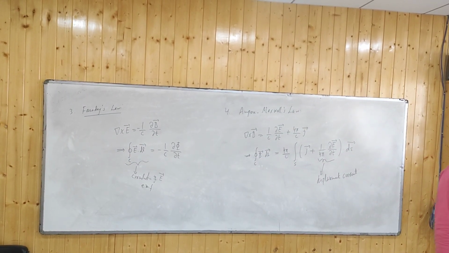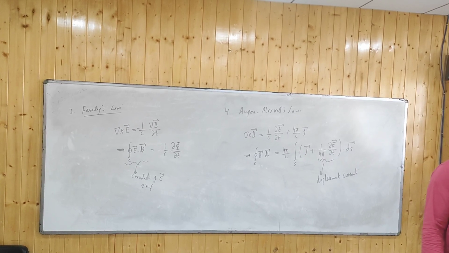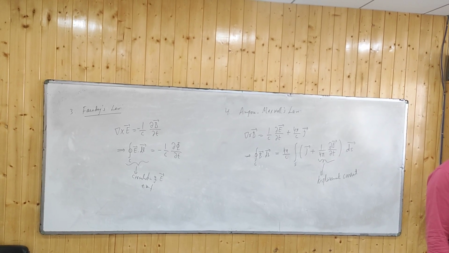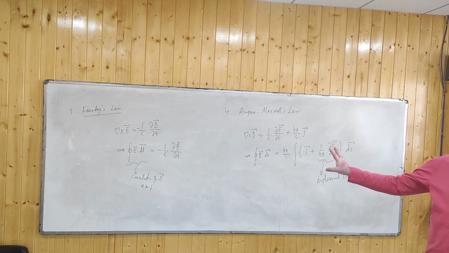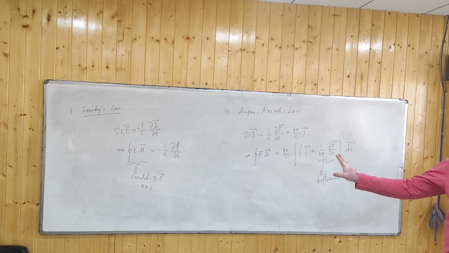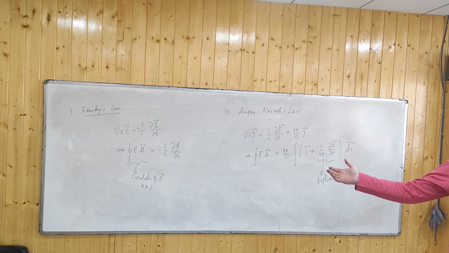So tell me, if I know the action, in that action, what should be these fields? Should these electric and magnetic fields appear as linear terms, or as quadratic terms, or as higher power terms in the action? Look at the structure of these very equations. E and B appear as first order. Do you have any higher order terms?